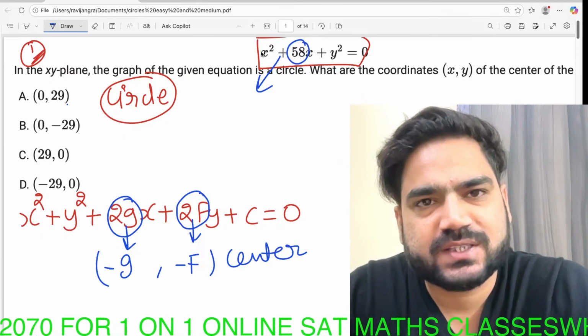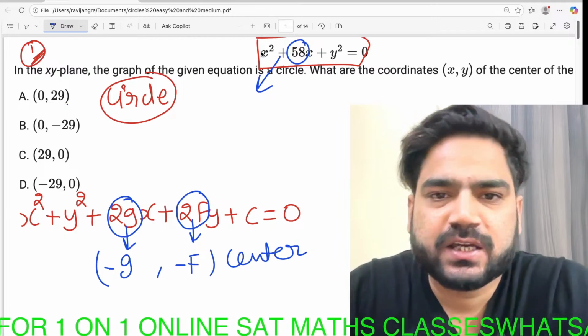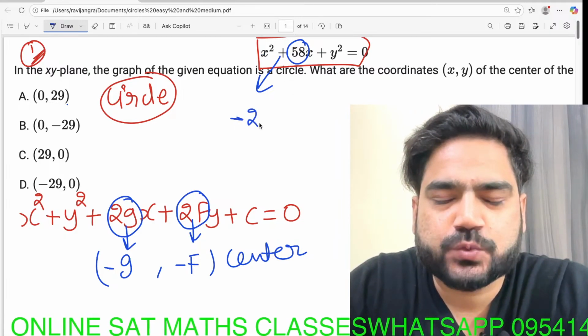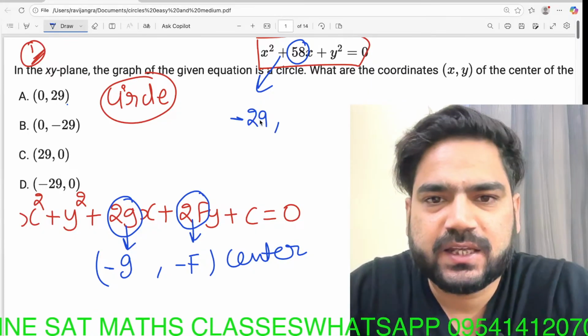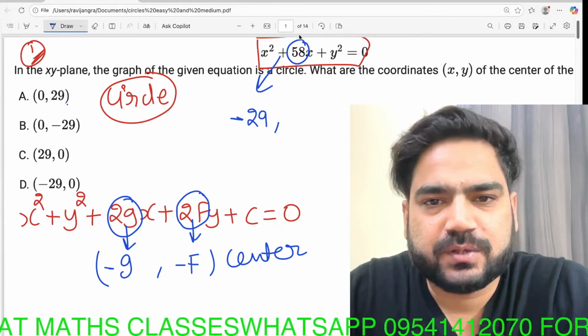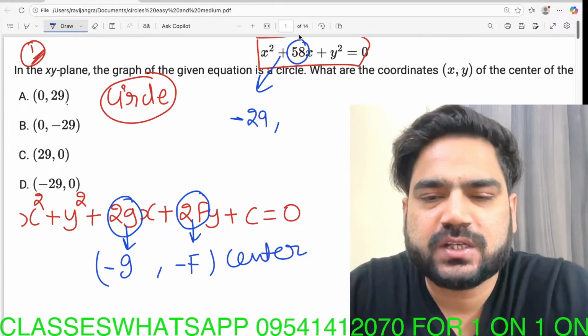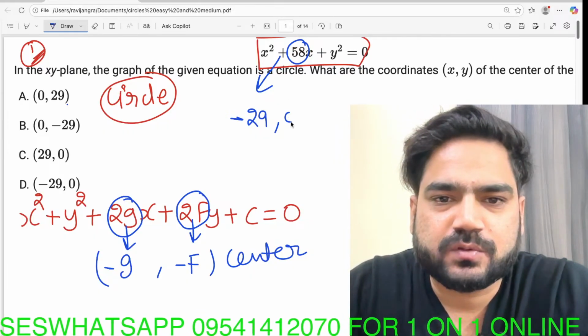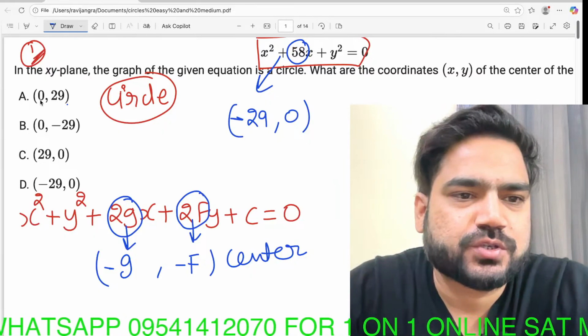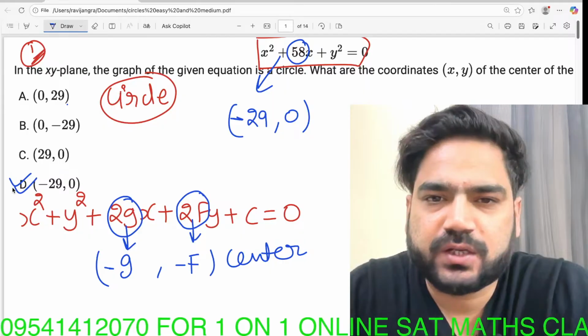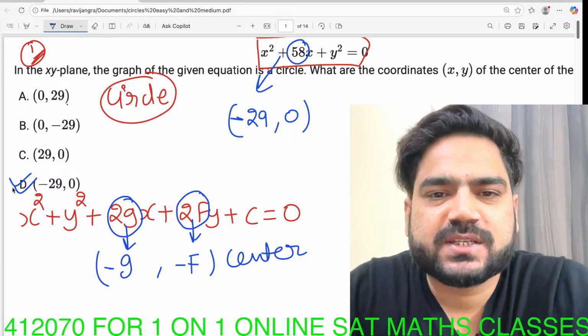So you take its half and change its sign, and it will be minus 29. Again you look for the coefficient of y, but you can see y is not there even, so it will be 0. So this is the center, and the question is very easy. Our answer will be option D, minus 29 comma 0.